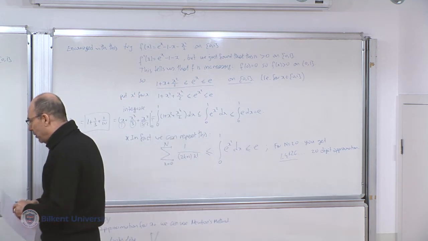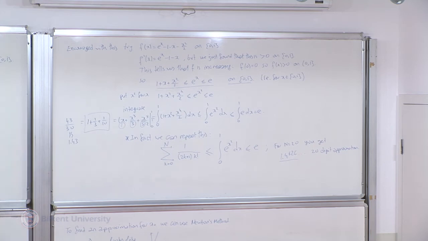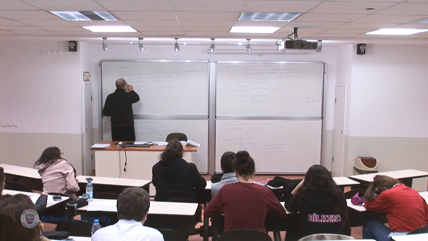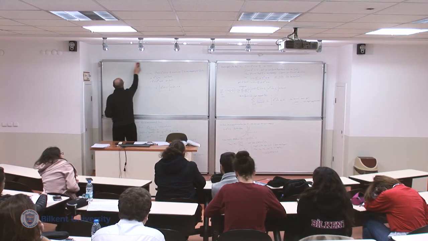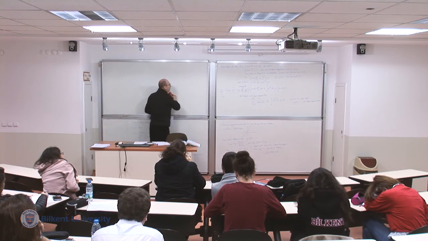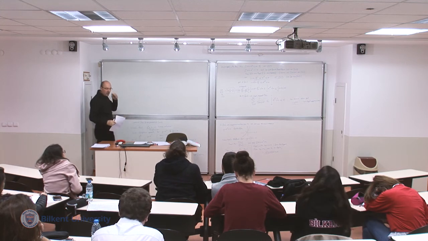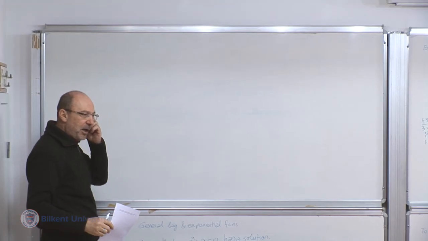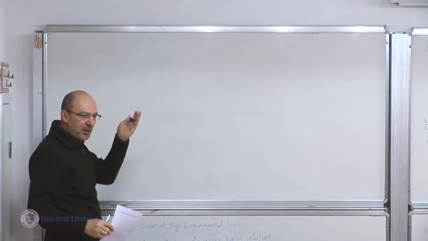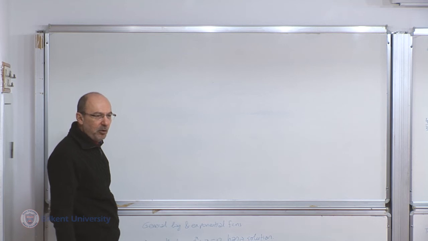Okay, so let's start with something else. This logarithm is called the natural logarithm. The base e is considered to be the natural base because the logarithm is given by the area under 1 over x. Surprisingly, the area under 1 over x mimics all the properties of a logarithm function.